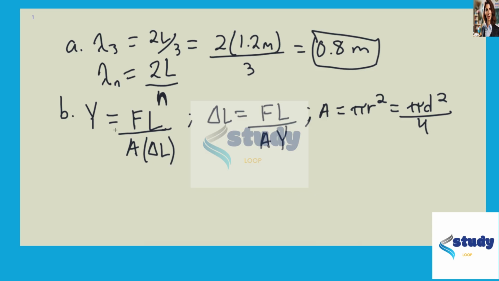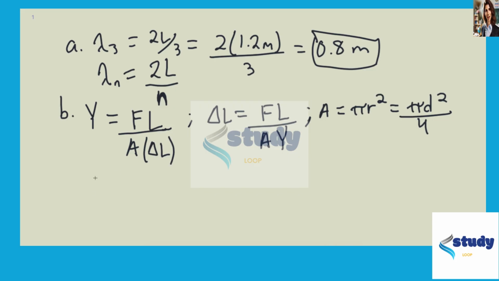It's simply how resistant a string is, or any material really, how resistant it is to deformation. So F over A, that's a pressure, and then L over change in L, that's a strain. So this is basically how resistant it is to deformation, given that we're putting a much heavier ball at the end of the string.